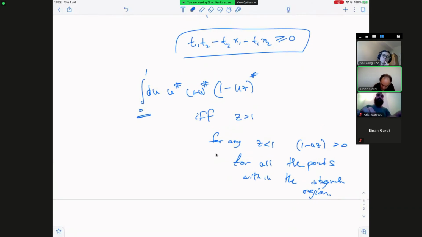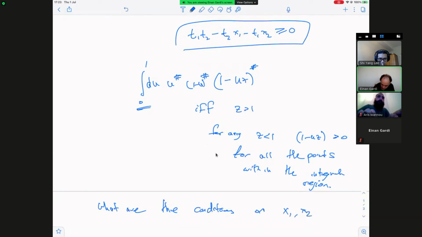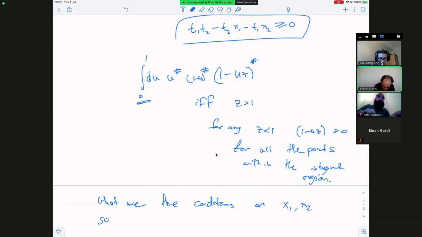So we are looking for what are the conditions on x1 and x2 such that, let's for simplicity assume, okay, what is the simplest example here?